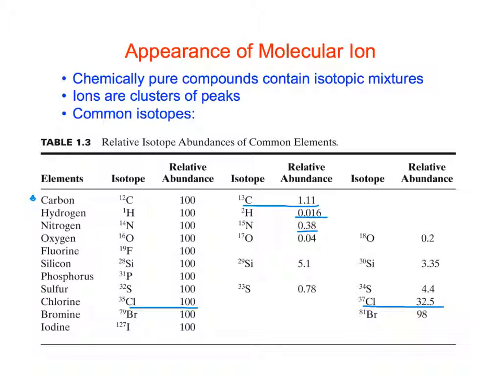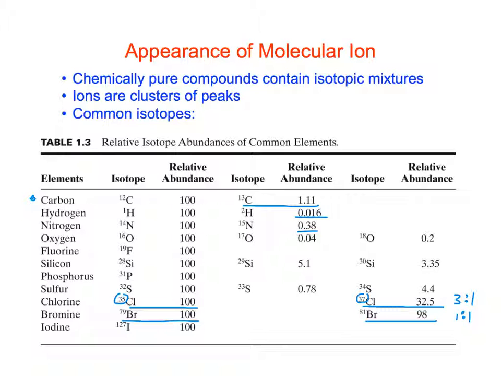So chlorine has 2 ions, 2 mass units apart, chlorine 35 and chlorine 37, and it's roughly a 3-to-1 ratio. Bromine has bromine 79 and bromine 81, and look at the abundance, it's 100 to 98. So these are roughly a 1-to-1 ratio.